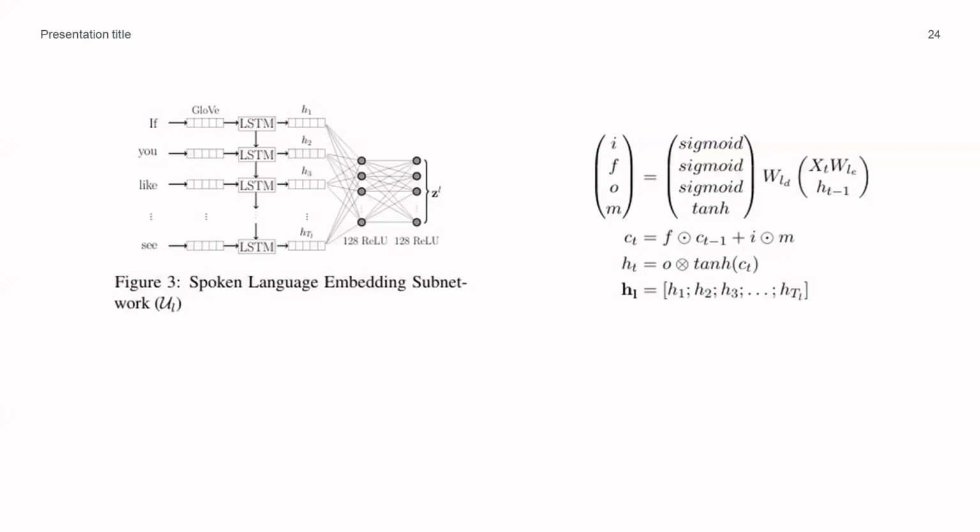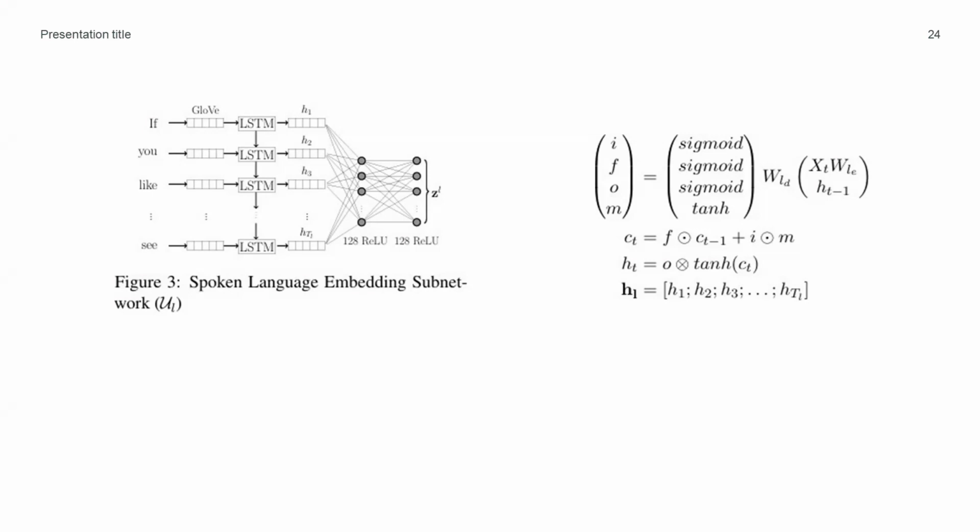This is the LSTM architecture. Figure 3 shows the spoken language embedding subnetwork architecture, where each word in the sentence is first converted into a dense vector using GloVe embedding. Then these vectors are passed sequentially through an LSTM layer, which understands the contextual dependencies across time.